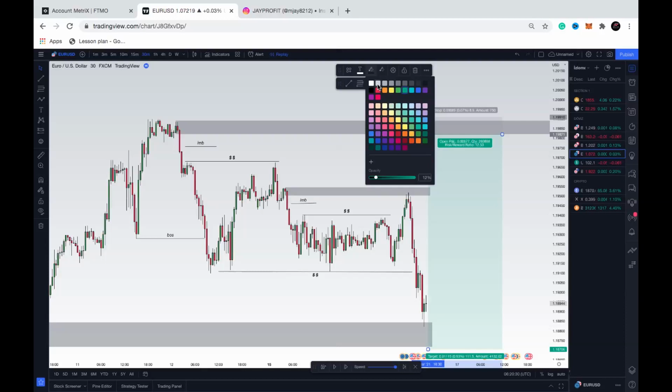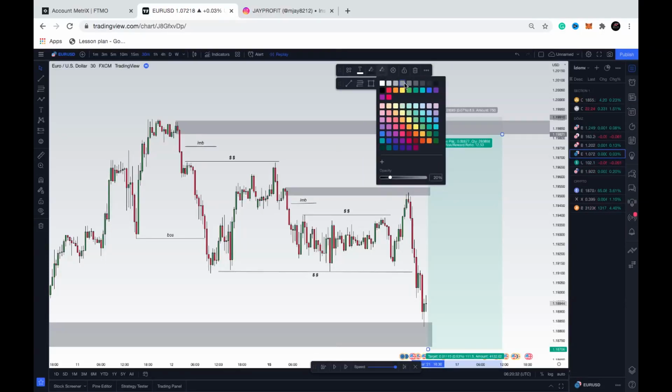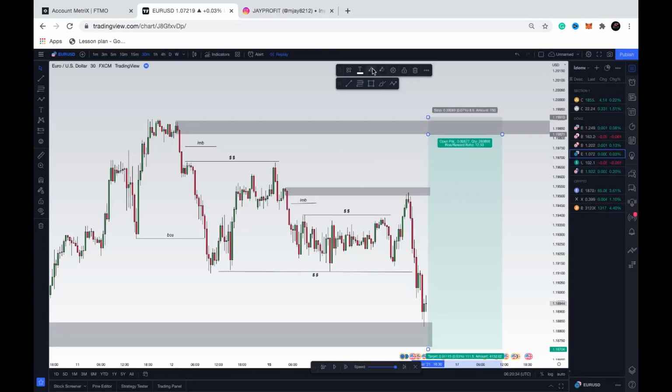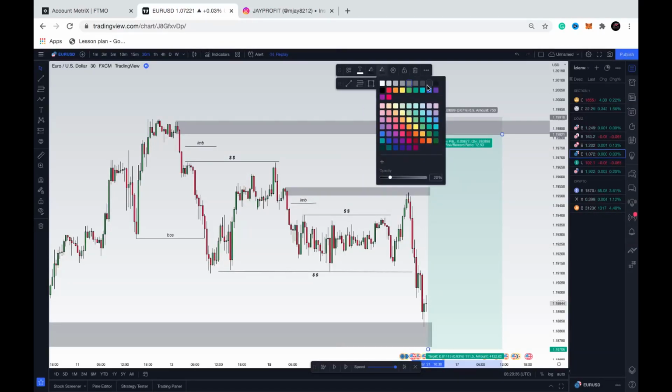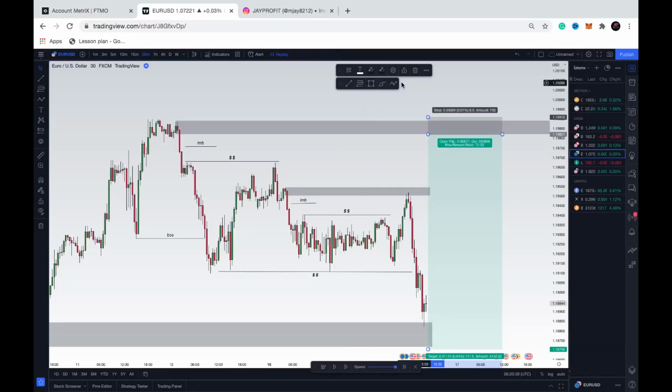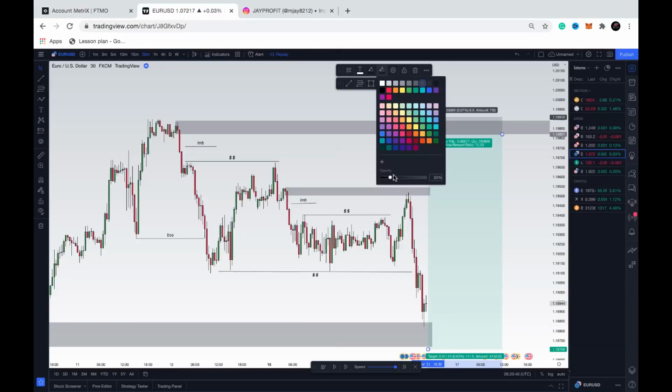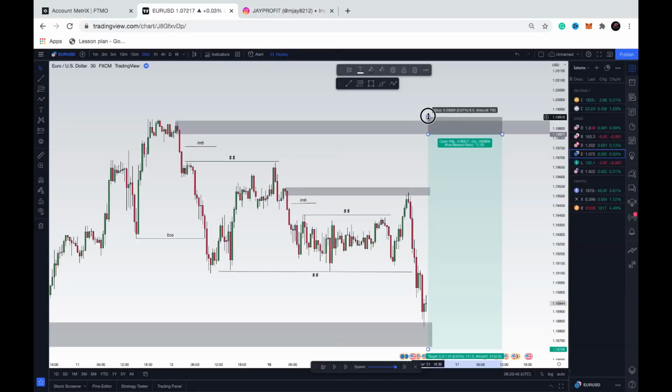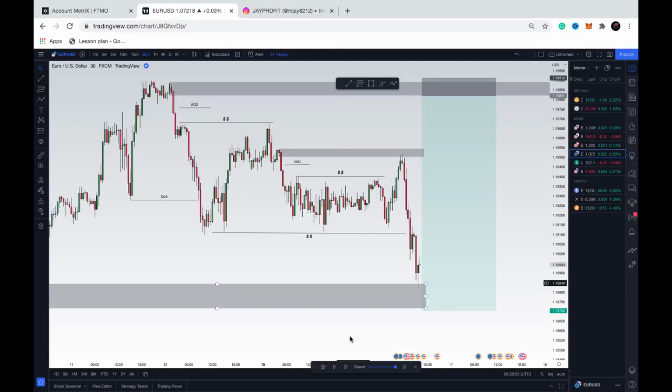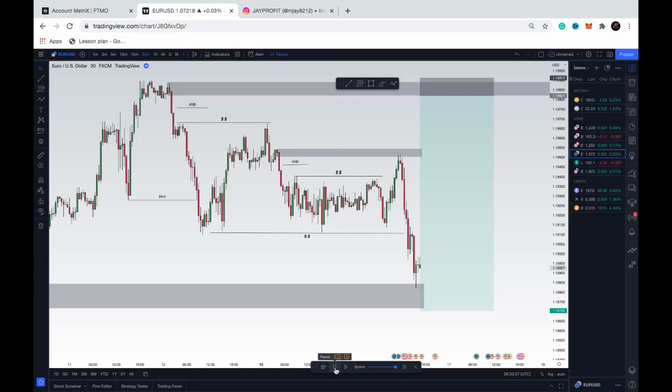Try and make this a little bit darker. Okay, so right there I'll have my stop loss right here and give some extra pips for spread. All right, so let's play the market and see what happens next.